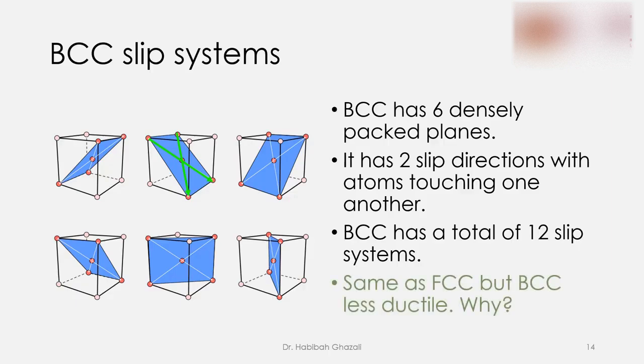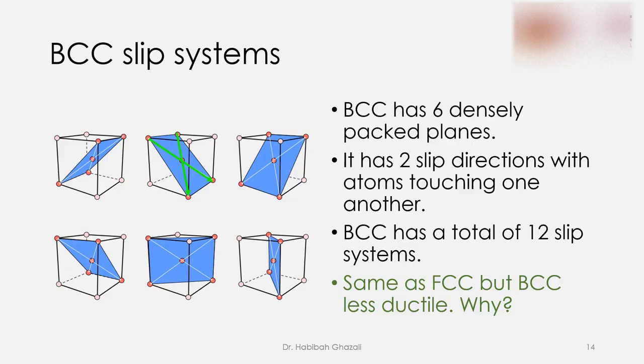If we compare to FCC, they both have the same number of slip systems. But as I said earlier, FCC is more ductile if we compare to BCC. So they have the same number of slip systems, but BCC is less ductile.